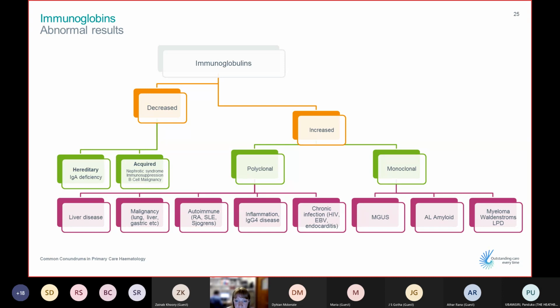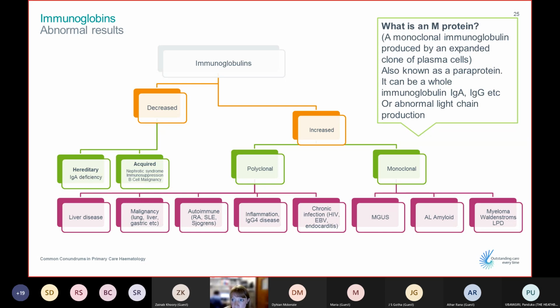If we think of the other side of the diagram, you've done their immunoglobulin screen and there's an increased immunoglobulin. The first question to ask yourself is, is it polyclonal or monoclonal? A monoclonal immunoglobulin, called an M protein, also known as a paraprotein, is an immunoglobulin produced by an expansion of clonal plasma cells.